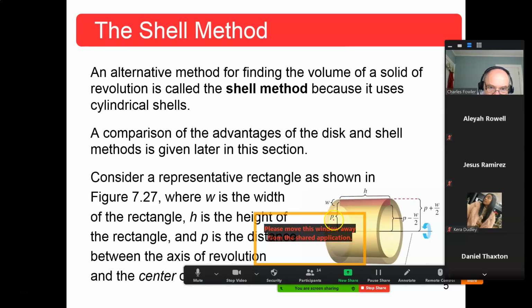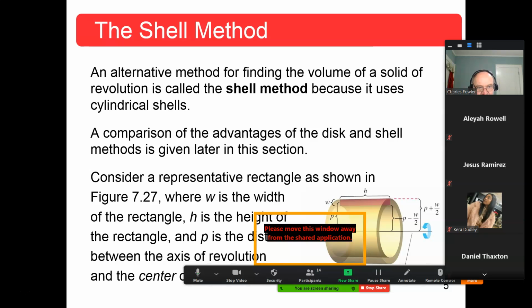There is the radius of that circular shell, and when you flatten it out, that becomes the length of a rectangle. Okay? So P is the distance between the area of revolution and the center of that. My box is in the way, I can't see it.